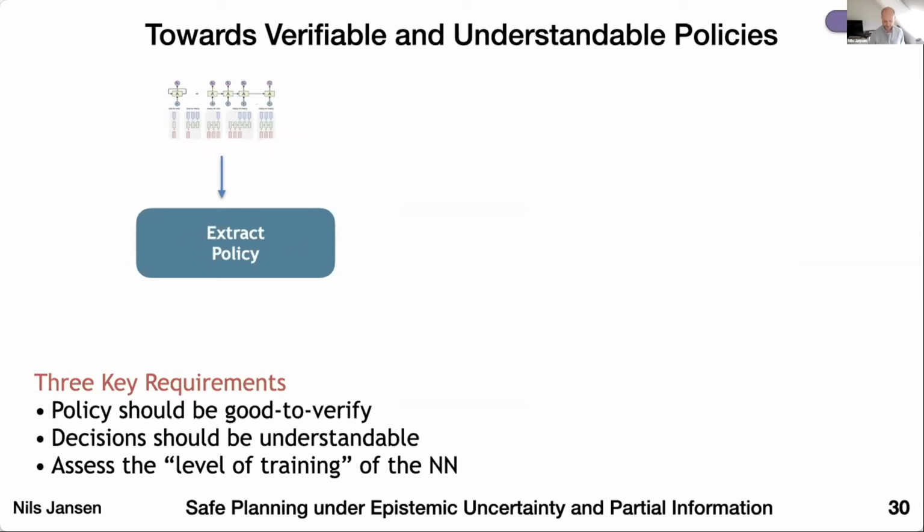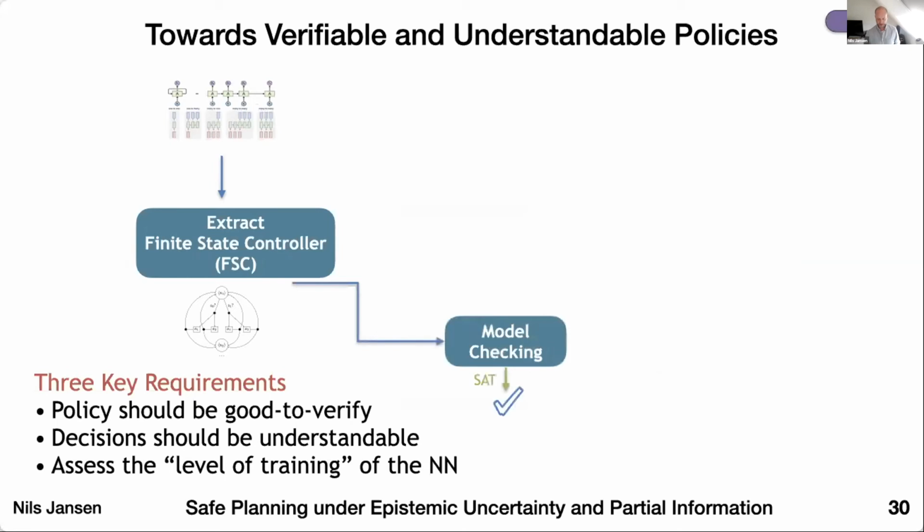Instead of just some big file of policy, we aimed to extract so-called finite state controllers, which are, for the methods people here, something like Moore machines, where we have an input and an output. These are understandable if they're not too large, and we can guide how large they are. And for these, we can again do model checking very efficiently.